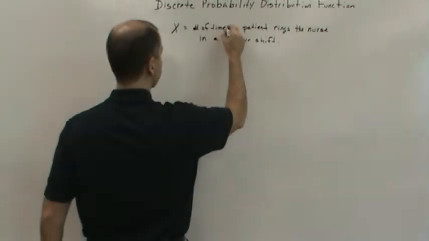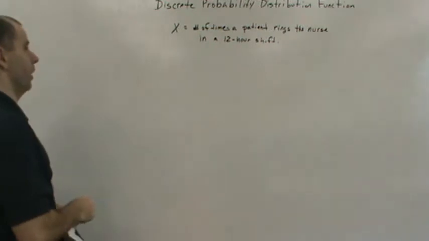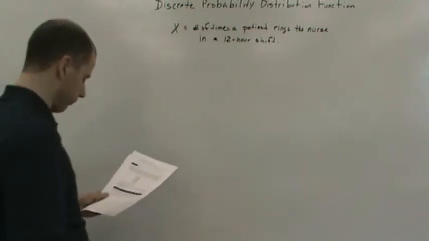Now this again is a random variable. It is a discrete random variable. Since we're counting the number of times a patient rings the nurse in a 12-hour period, it is going to take the form of 0, 1, 2, 3, 4, and so on.